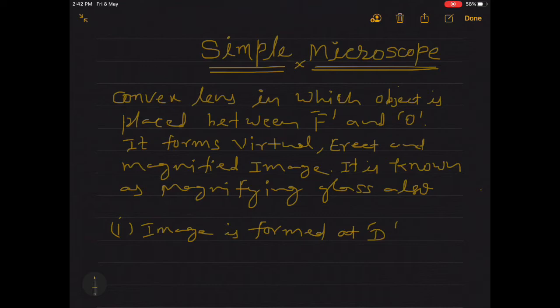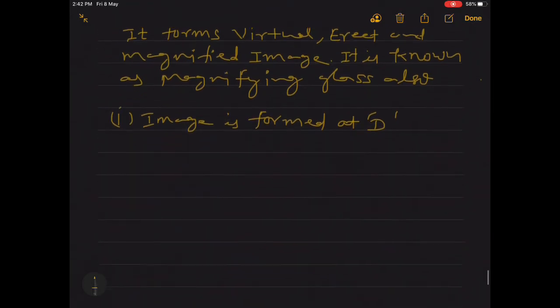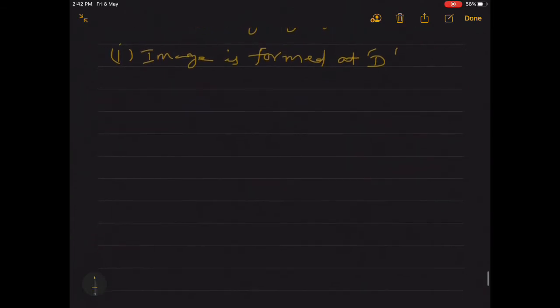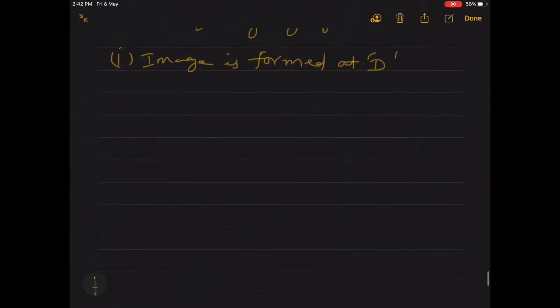So we are referring these two points for the image formation. The first is image is formed at D, and the second we will consider image is formed at infinity. So let us begin with this first case, image is formed at D. How to understand the image formation in this case, that will continue in this lecture.